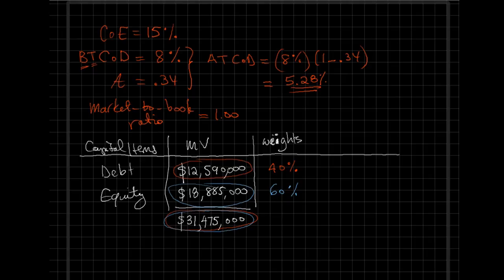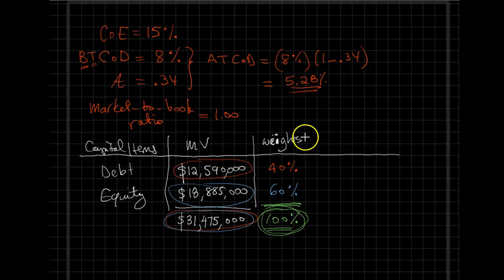Make sure to realize that the sum of these two numbers should always give you 100%. There might have been other capital items as well, in which case there might have been three or four different types of financing, but regardless, the total of all financing weights should be 100%.